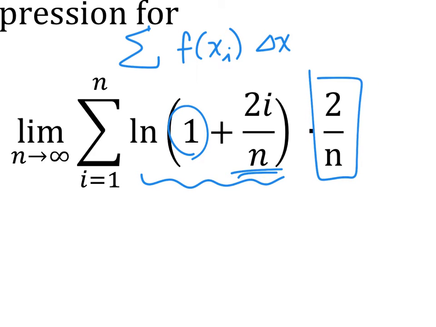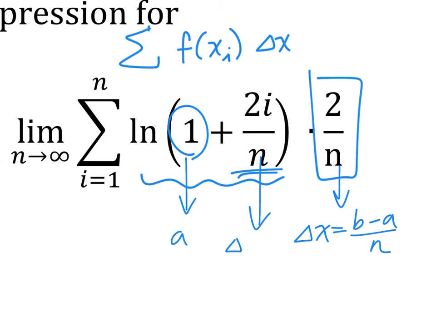Okay, so this is delta x. Remember delta x means b minus a over n. This is the natural log blob. That whole thing is my function. This tells me what number I'm starting, so this is a. This tells me how many delta x I'm trying to add to get to the next x value so I can evaluate.